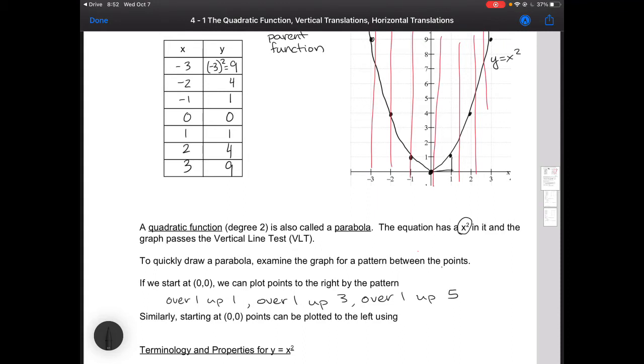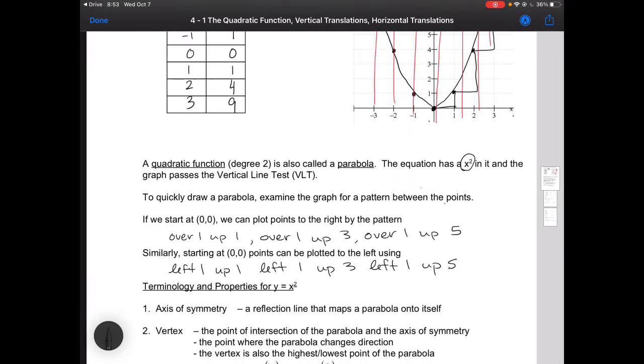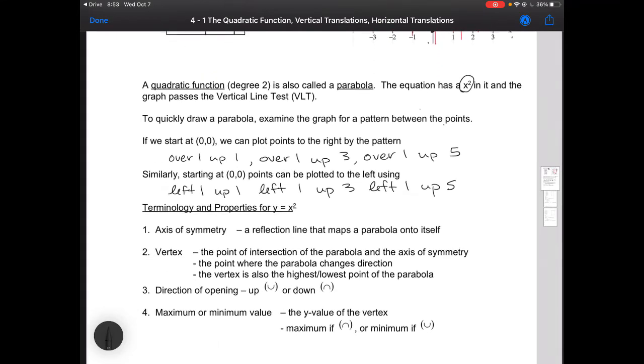Okay, over 1, up 1, over 1, up 3, over 1, up 5. Similarly, on the left, we can go left 1, up 1, left 1, up 3, and then left 1, up 5. That's going to give us our base pattern and our base point, so we can plot the parabola very quickly.